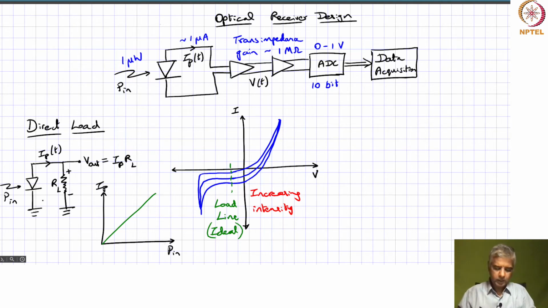But what is happening in this direct load? Now, as we talked about, because of the photocurrent that's going through this resistor, you have a potential difference here, and that potential is acting against the potential that the diode is experiencing, which could be a reverse potential.